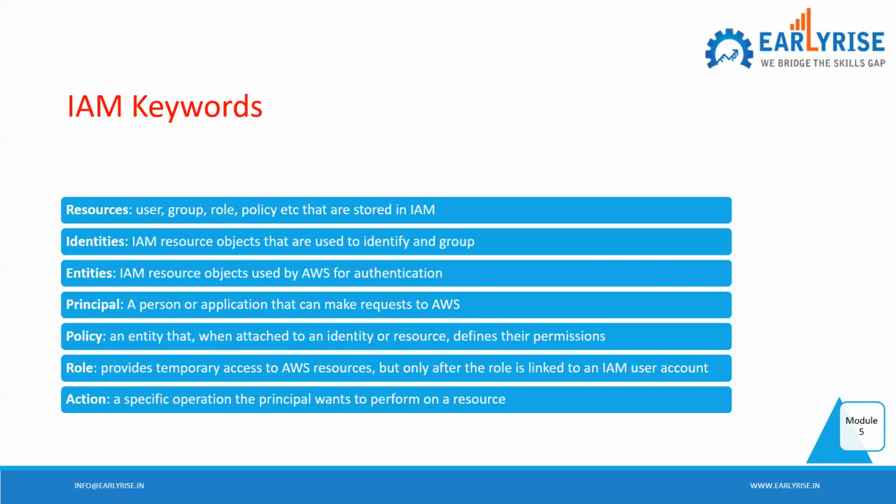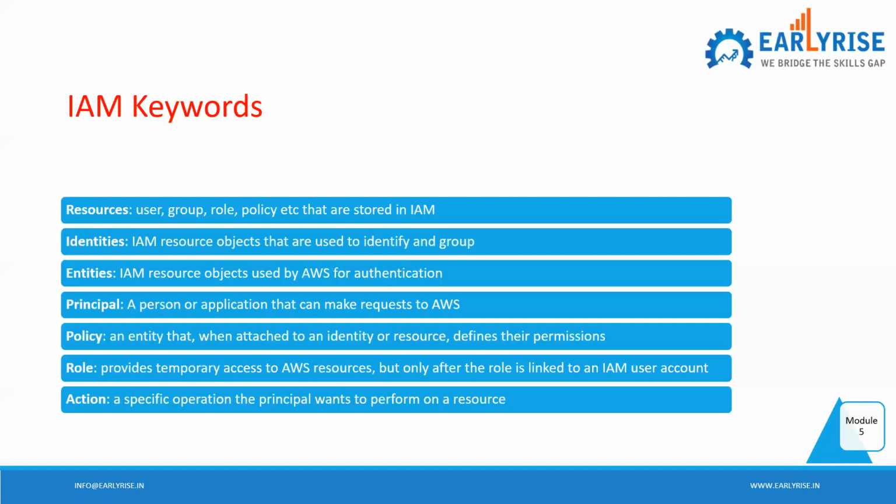So this particular principal will be authenticated as an AWS account root user or IAM entity. You saw that entity, right? Whenever this principal requests a certain resource, it needs to be authenticated.